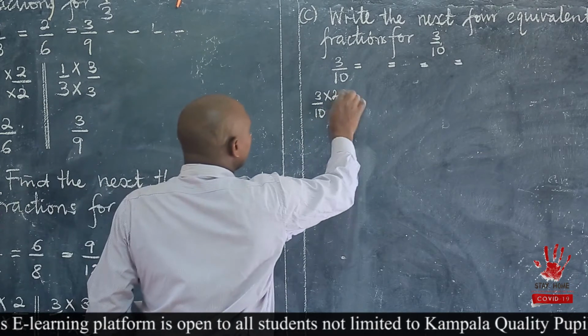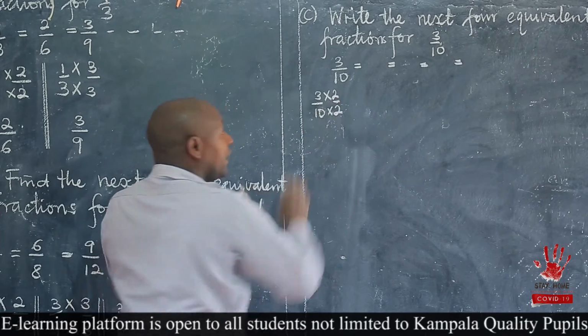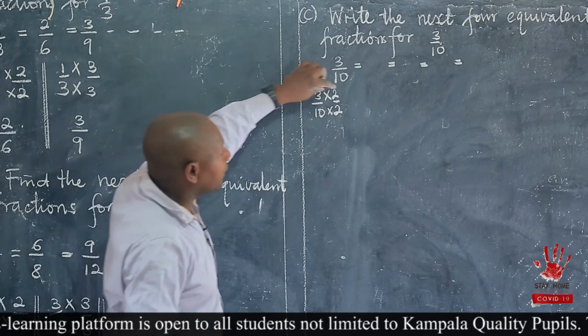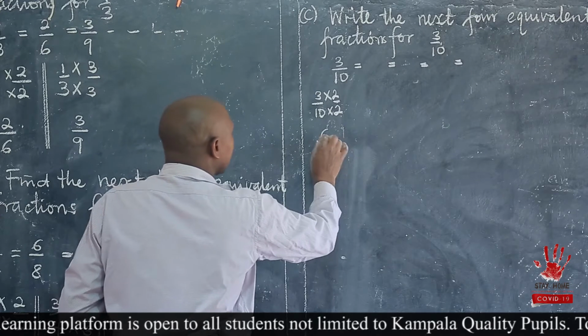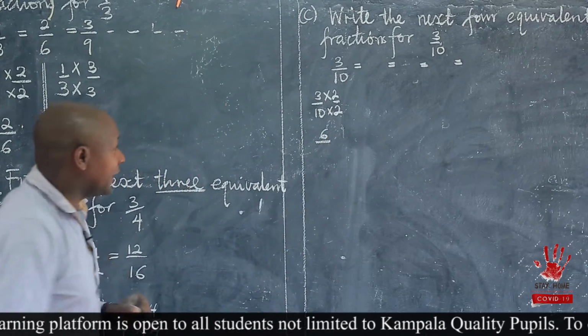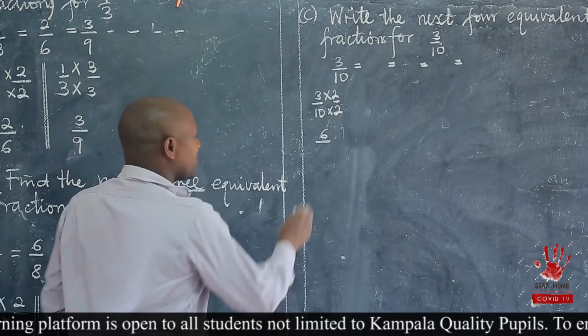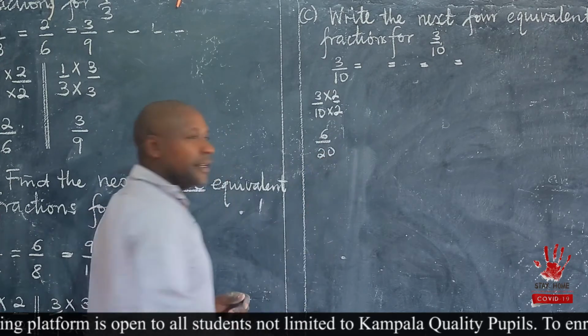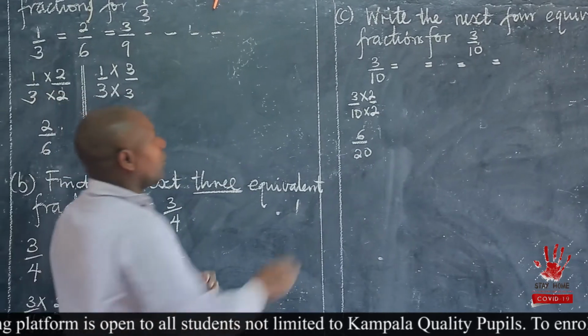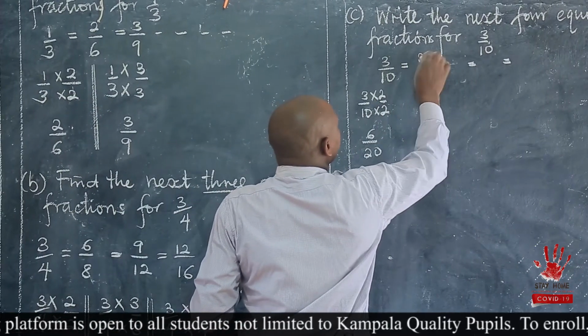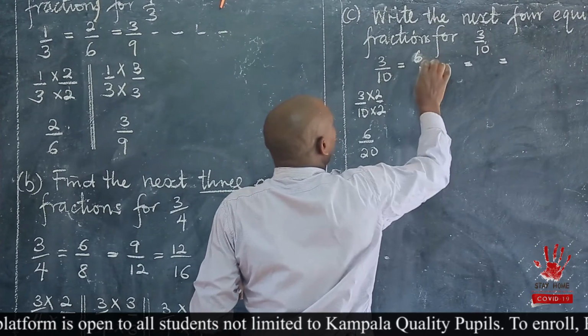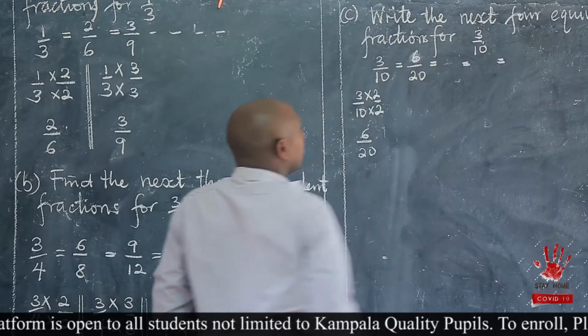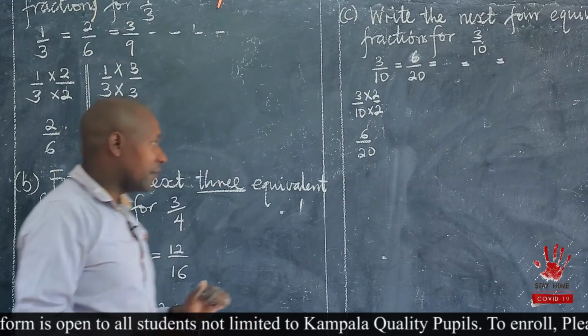So let's begin with 2 times 2, numerator and denominator. So 3 times 2, somebody is saying 6. Out of, what about 10 times 2, very good. Everybody is saying 20. So we shall say 6/20 is equal to 3/10.